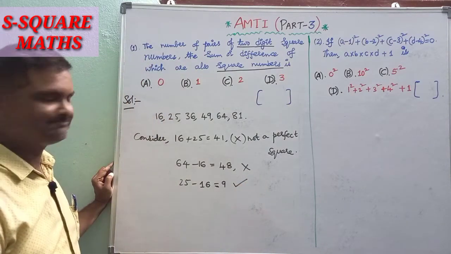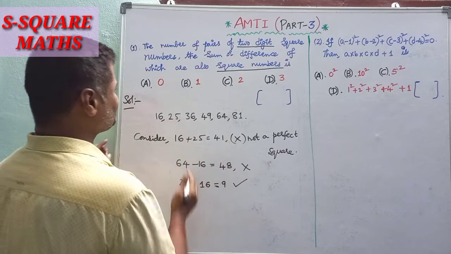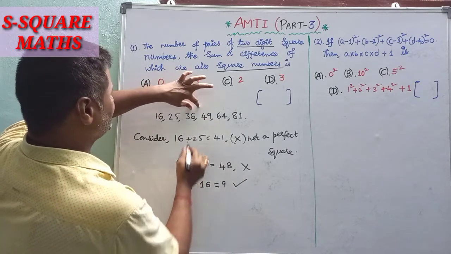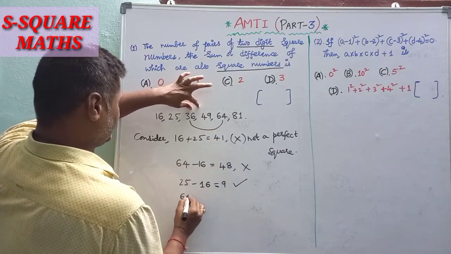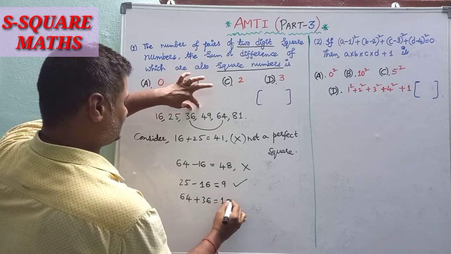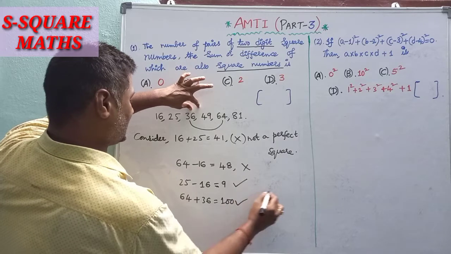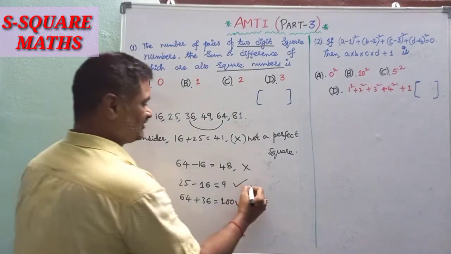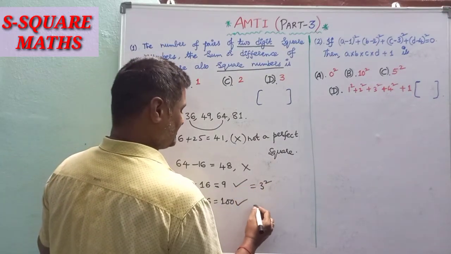3 square is 9. Next coming to here, let us consider these two, 64 plus 36, nothing but 100. Okay, this is also a perfect square. So this is nothing but 3 square, and this is nothing but 10 square.